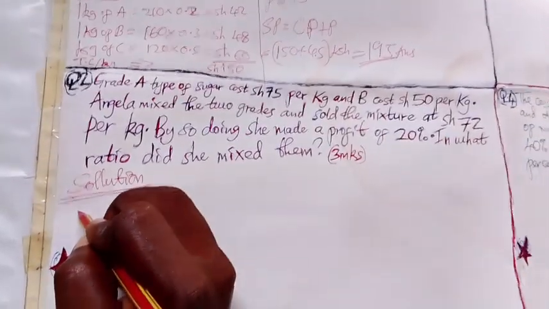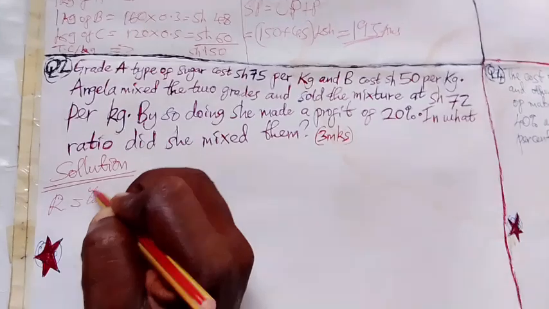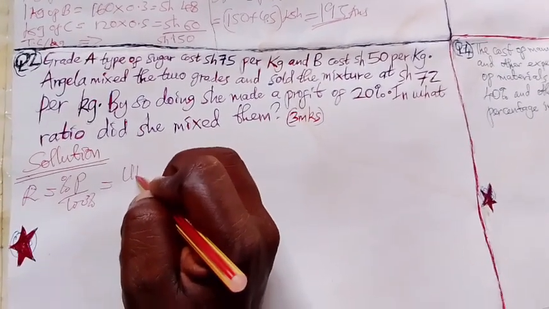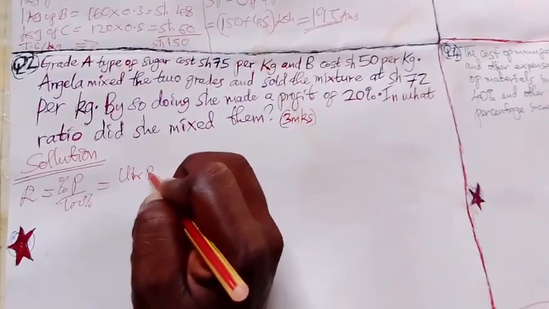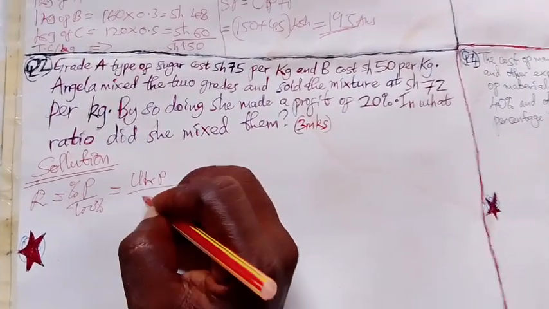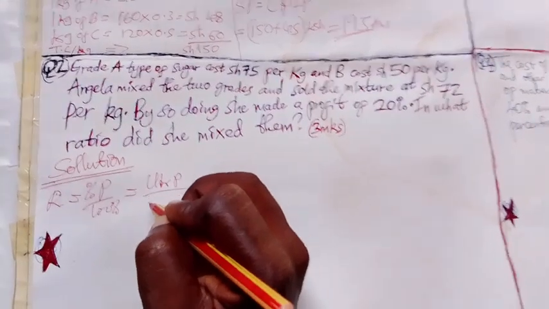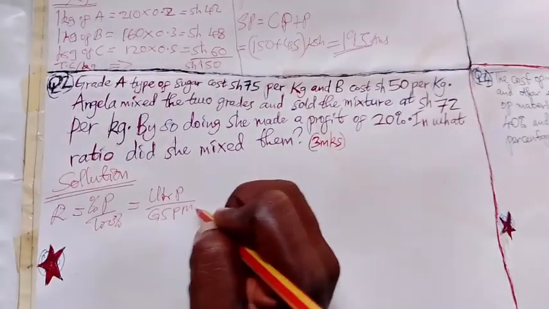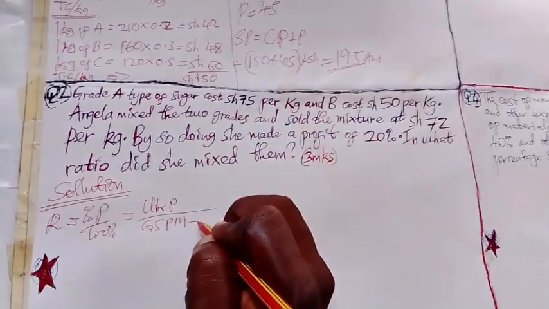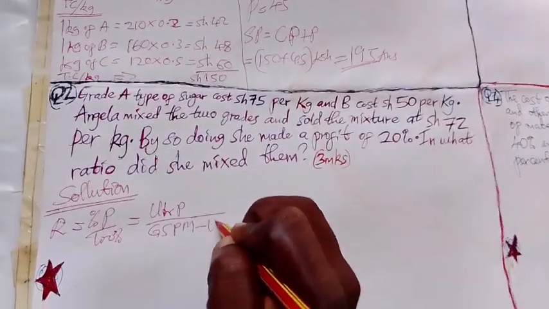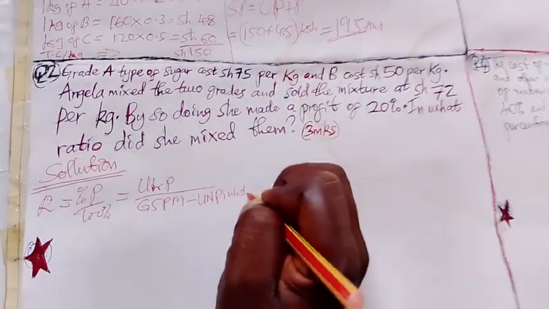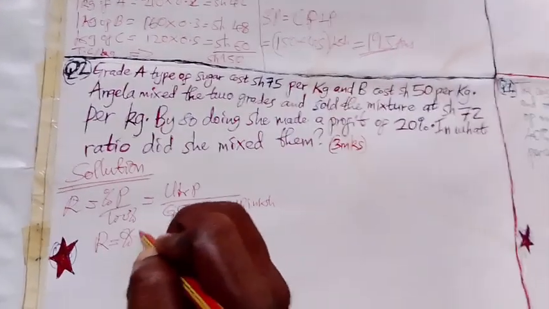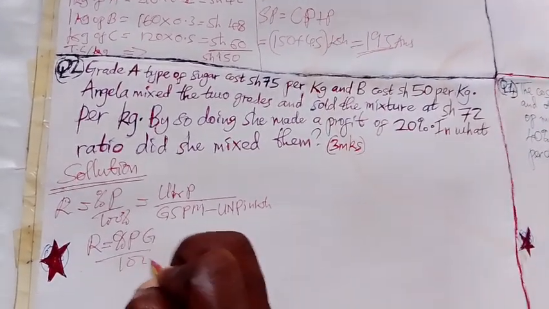we say, step 1, ratio is equal to percentage profit given over 100% is equal to the unknown profit in shillings over the given selling price of the mixture minus the unknown profit in shillings, or we can use the formula R over 100 is equal to percentage PG over 100.